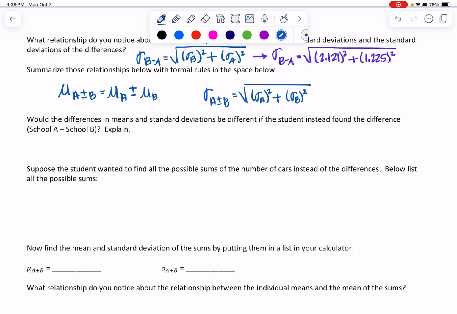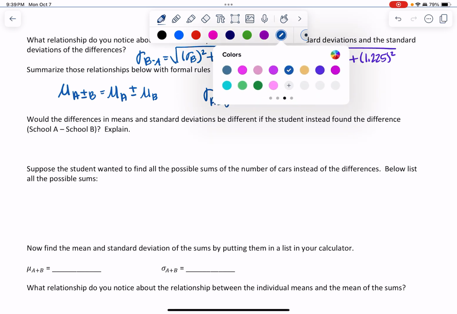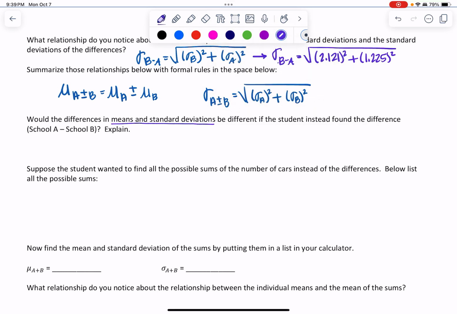Would the difference in means and standard deviations be different if they went from A minus B? Explain. Well, yes.